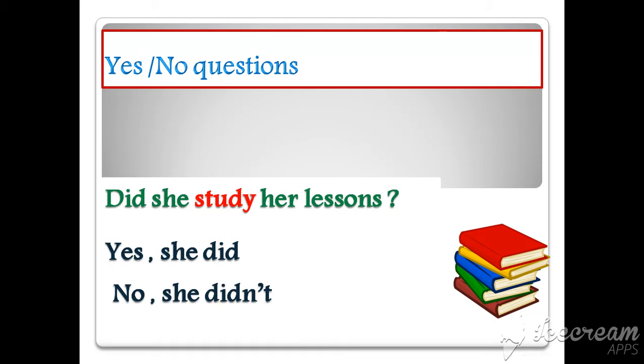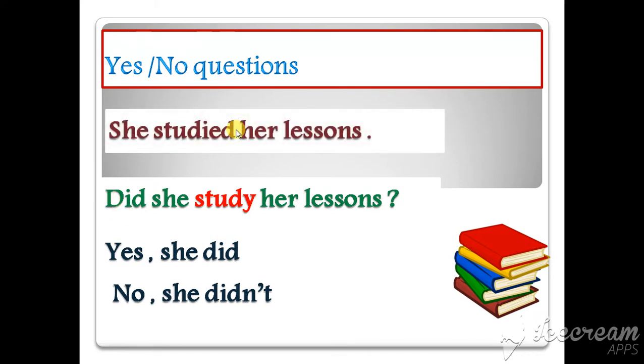But you must ask yourself, why did we ask here with did? I will tell you why. If a sentence or a statement is in the past tense, like here, she studied her lessons, and we want to change that past sentence into a question, then you have to do two things.